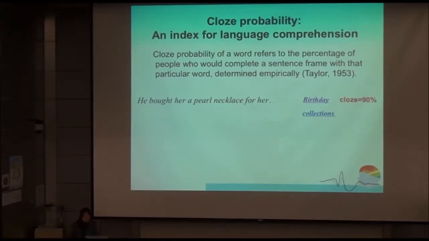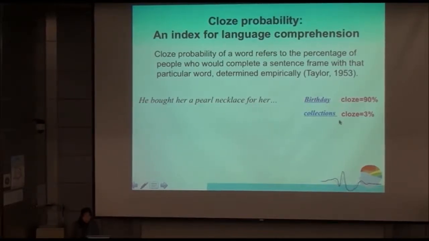It works too, right? The percentage of people who use a word to complete the sentence is the so-called Cloze probability. So birthday has the higher Cloze probability, but collection is a plausible answer for this sentence frame, though it has the lower Cloze probability.